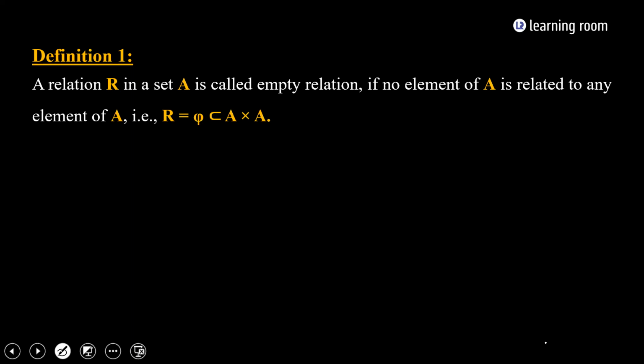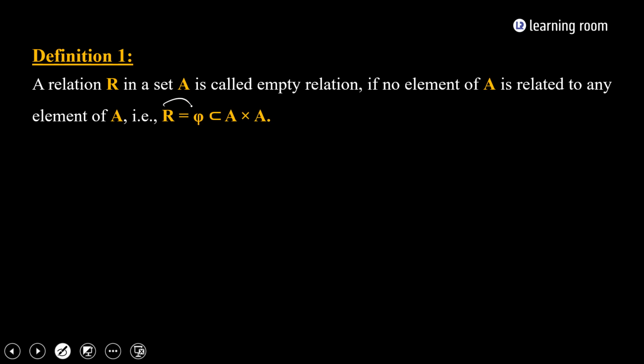Okay. So this is where the proper definitions are given. See, I need to teach you the definition because I don't know how the MCQs are going to come. If it is going to be a direct definition, you need to have clarity on it. So listen, a relation is given a name, capital R. A relation R in set A means A cross B is said to be an empty relation if no element of A is related to any other element of A. Okay.